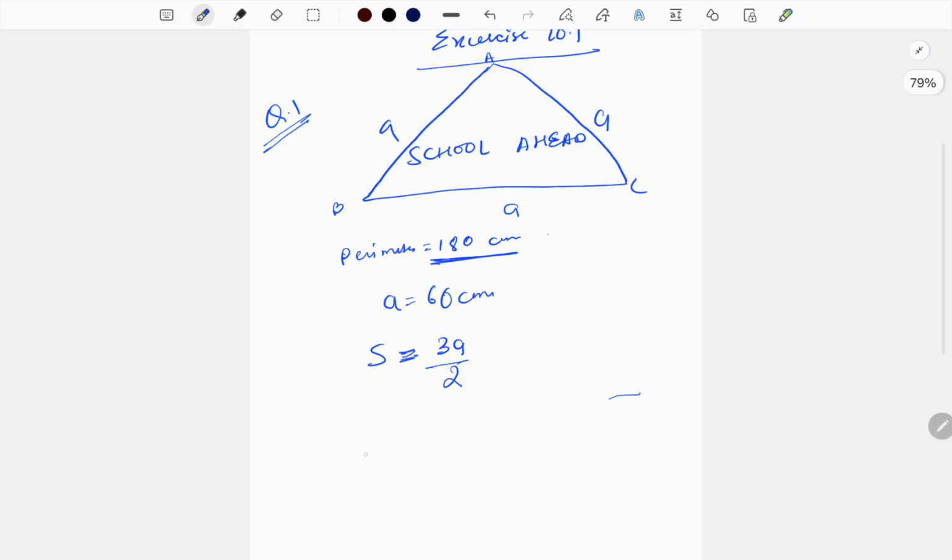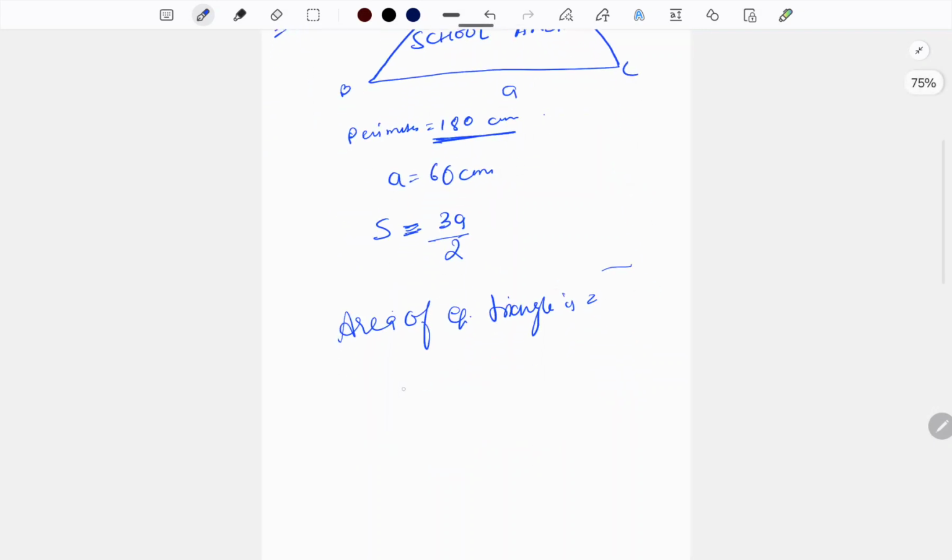And what does Heron's formula say? Heron's formula says the area of a triangle is the square root of s minus a, s minus b, s minus c.